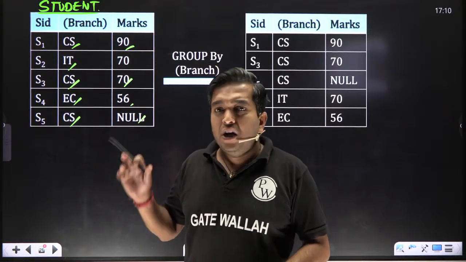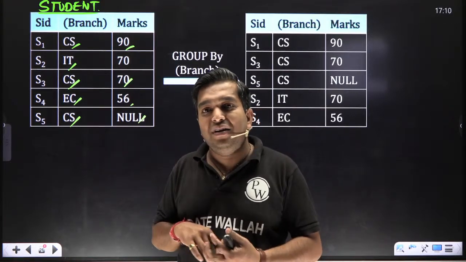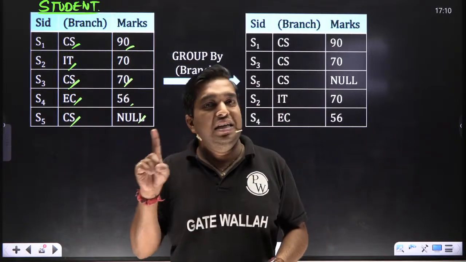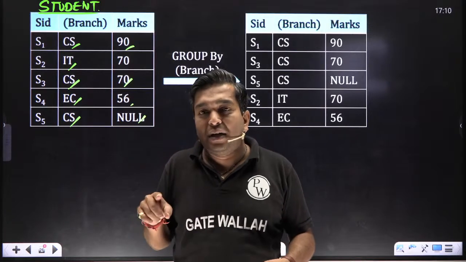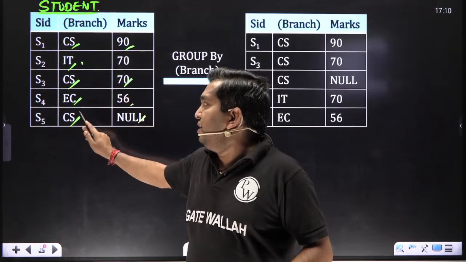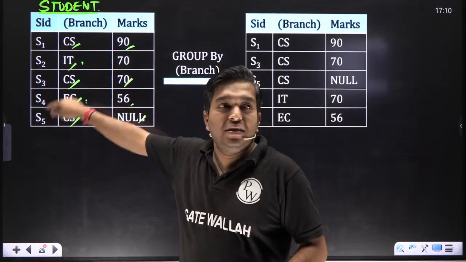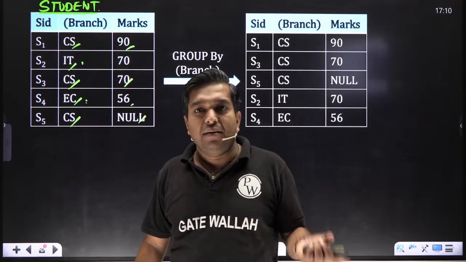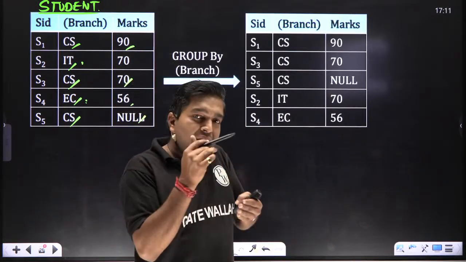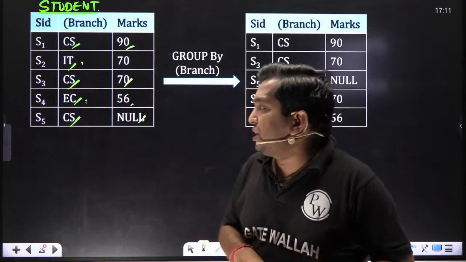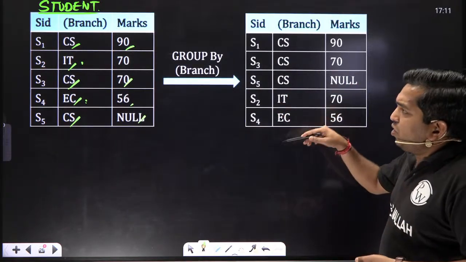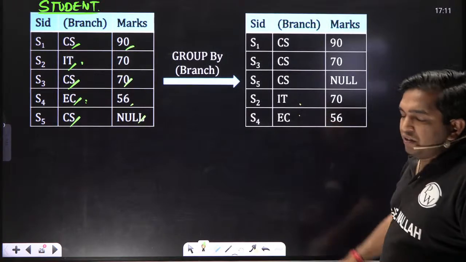For example, you can see IT and EC have only one tuple each. Then what happens? First IT will come, then EC will come, because in the order of insertion, first IT came, then EC. So if there is a tie, then whatever the order of insertion, that will become first.